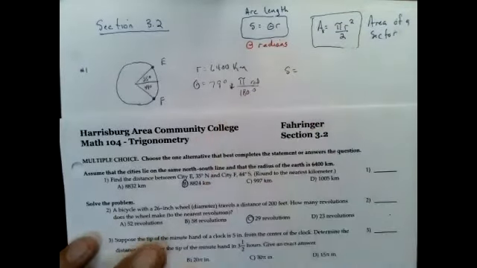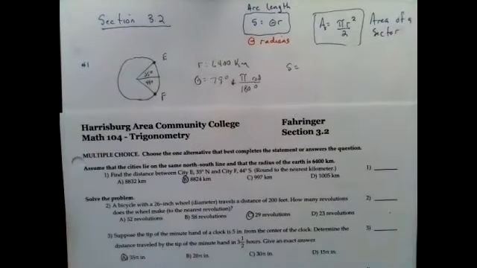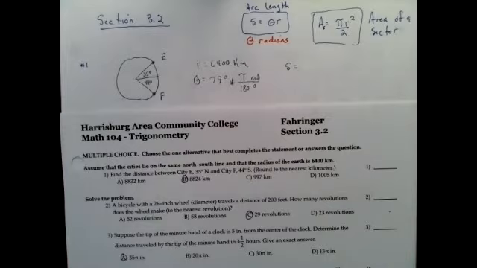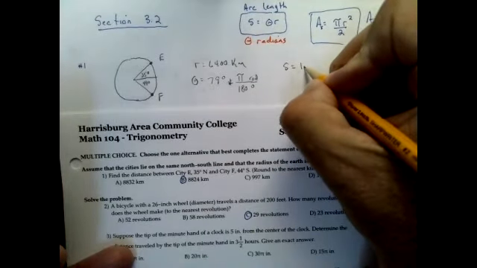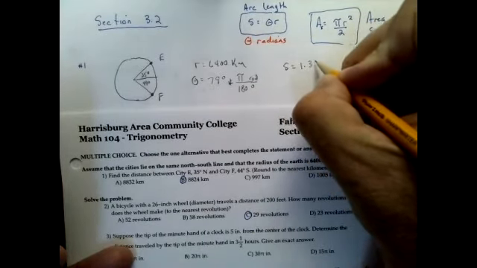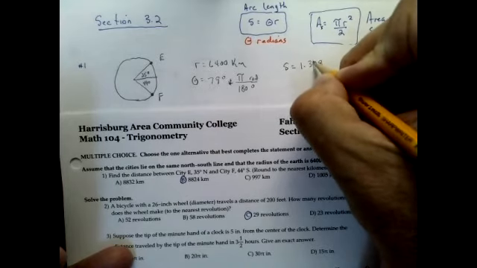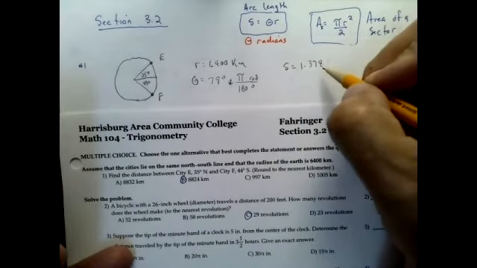So now, to convert this to radians, I'm going to say 79 times pi, 3.14159, divided by 180. So now I get 1.378. The more decimal places, the better.